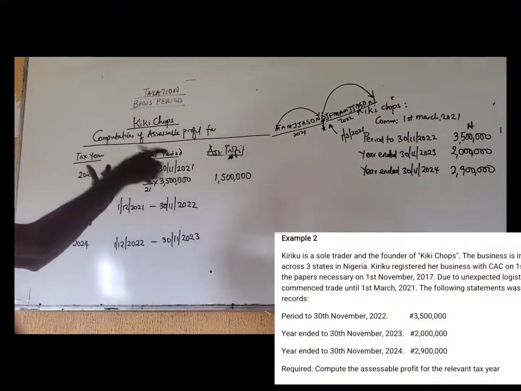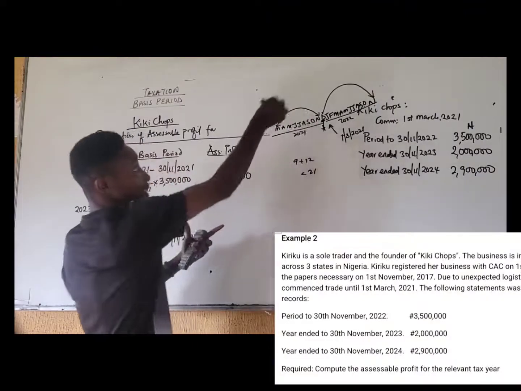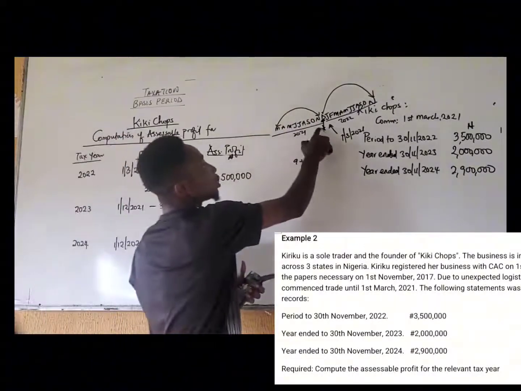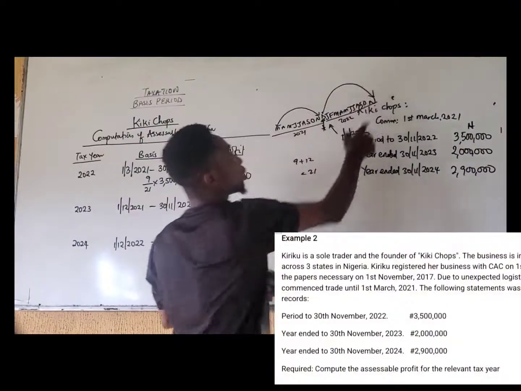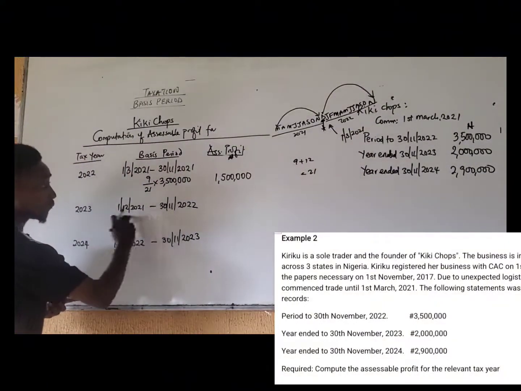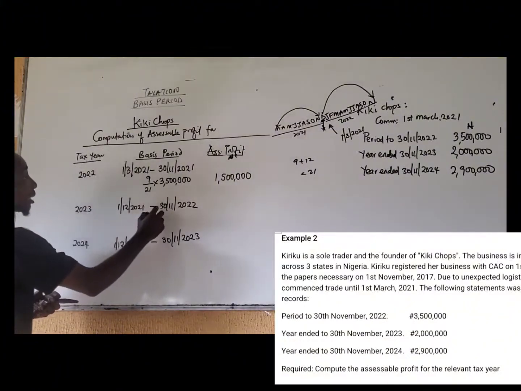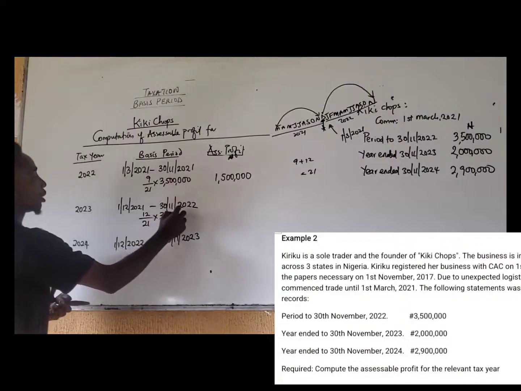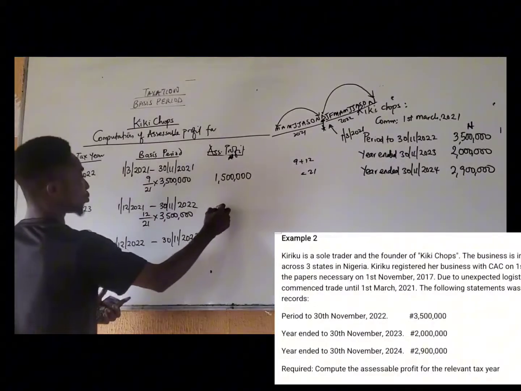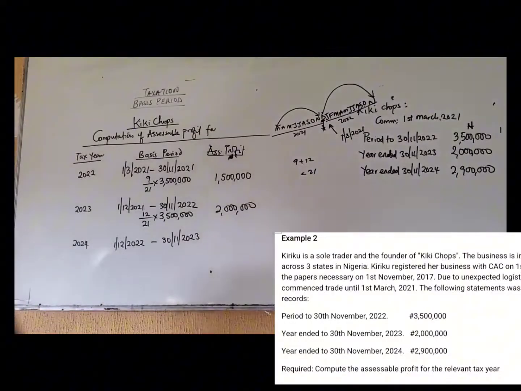That's the period of 21 months. We've taken 9 months, so the remaining 12 months make up the total of 21 months in that period. We're looking for this 12 months. So you take that 12 out of the total profit reported, which is 21, times 3,500,000. When you press that, it gives you 2 million.